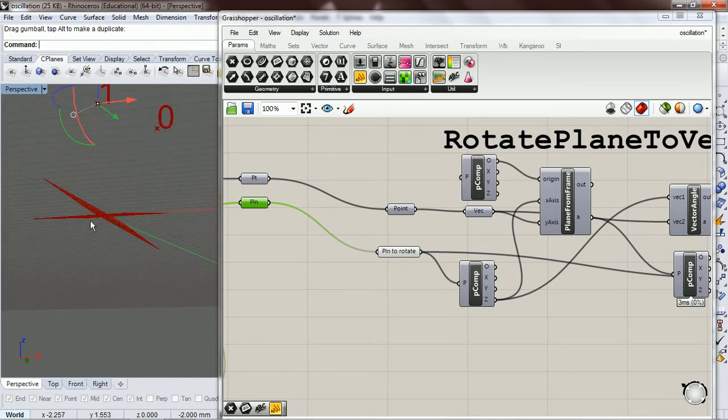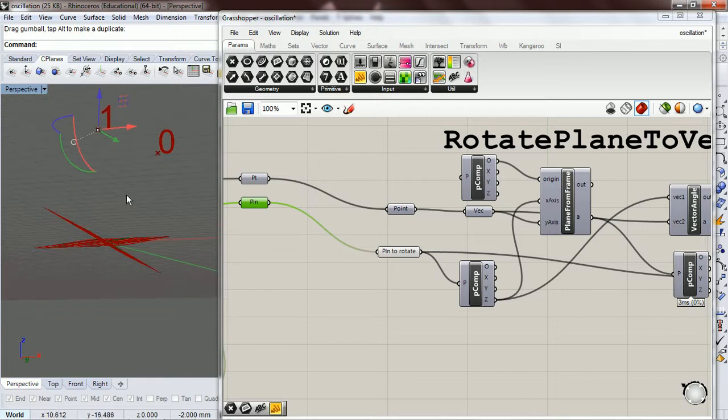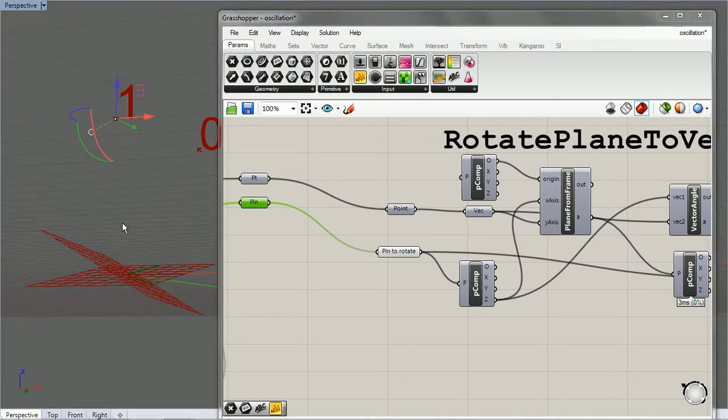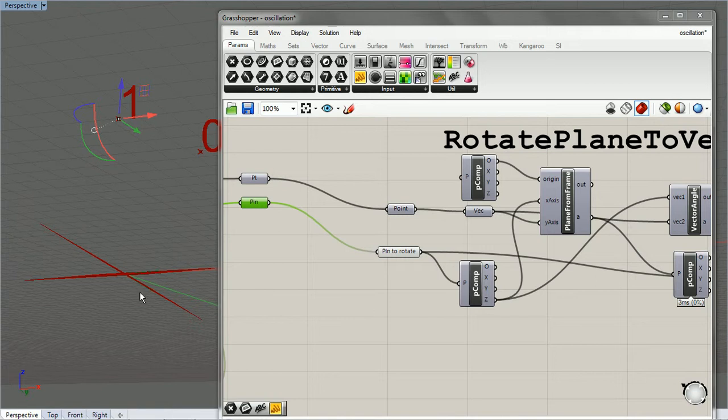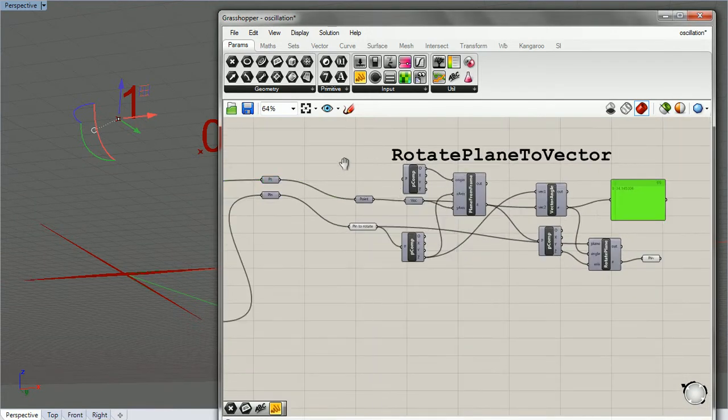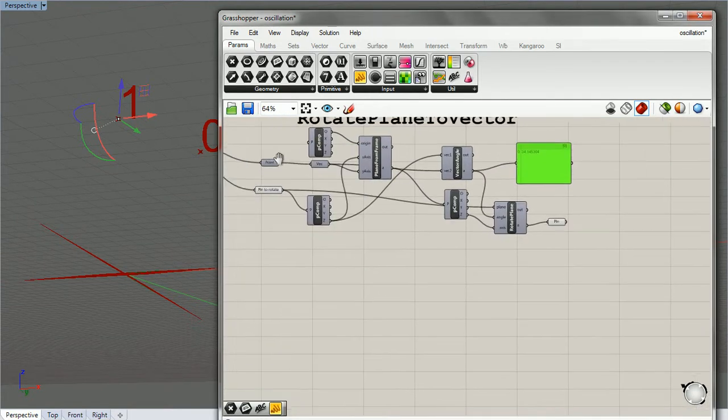So you can see there from that angle that the plane was going over here, and we want to rotate it straight across so the normal is now pointing towards the point that we pass in. So let's look at how we do that.